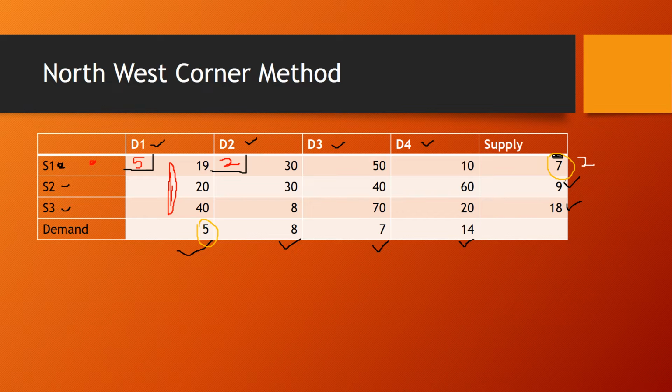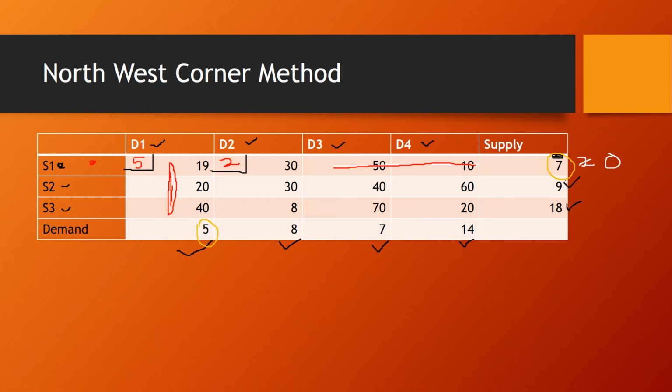Now this source S1 cannot provide anything more. This source is 0, so this row will be cancelled, because we have already used all the supply S1 can do.